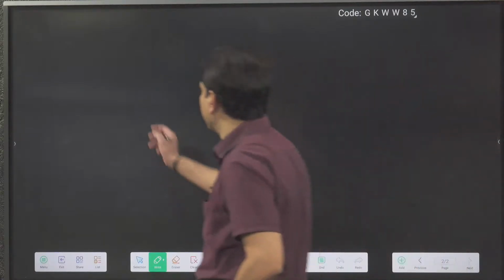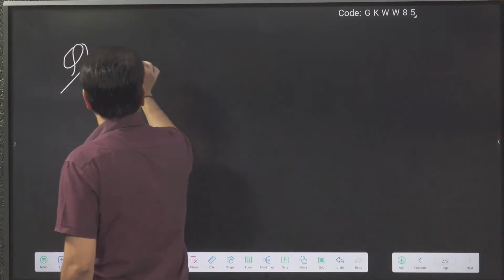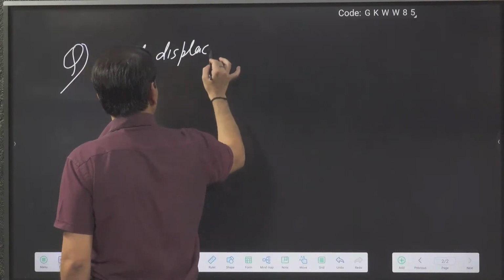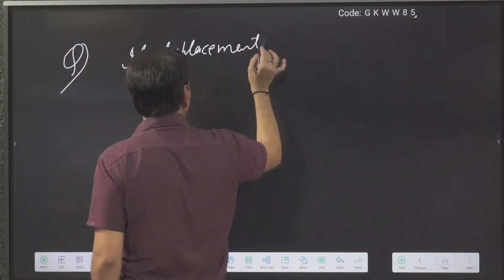Okay, so one small example I am asking. In the wave, this equation you will learn.